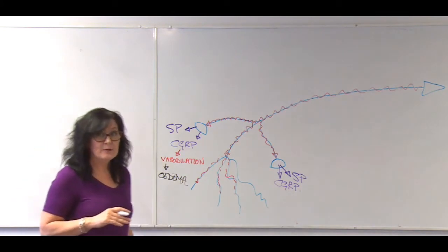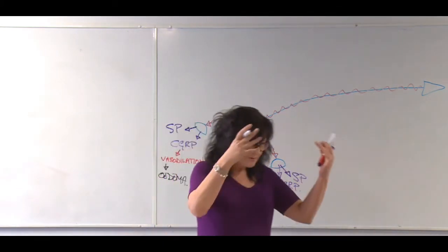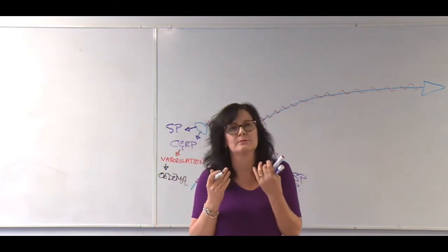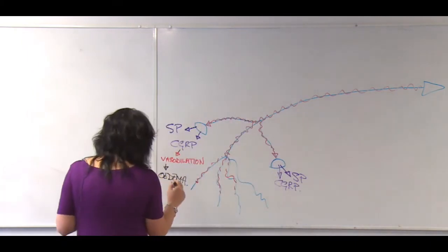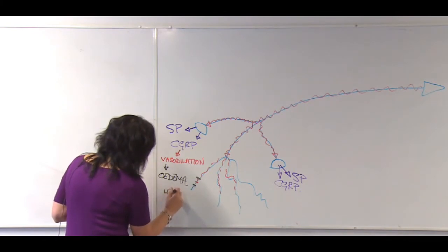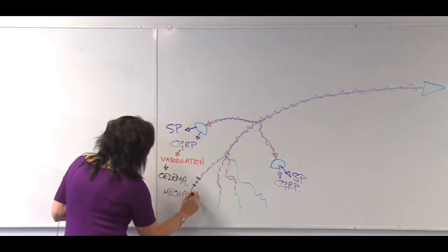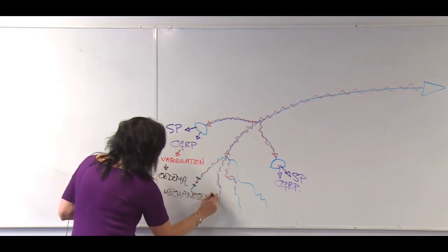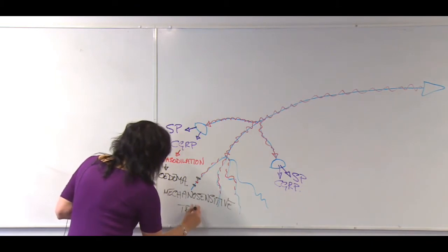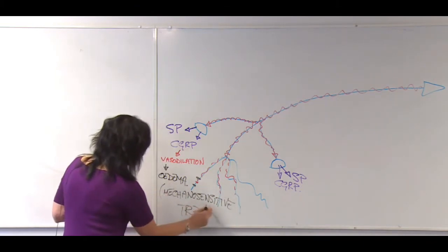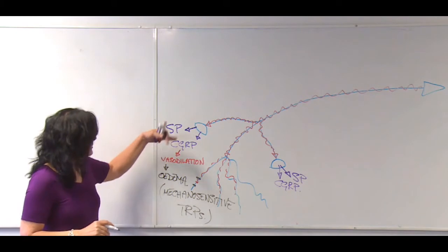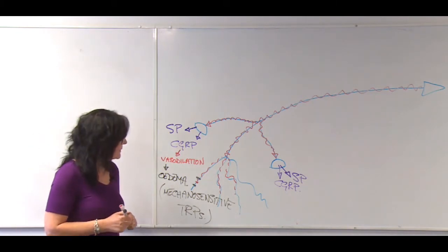Of course, when we get edema and the swelling, you've got these little nociceptors within the tissues. All this swelling is going to press on them. So we're going to get the stimulation of mechanosensitive TRPs. So that edema is going to stimulate pain due to vasodilation, due to calcitonin gene-related peptide.